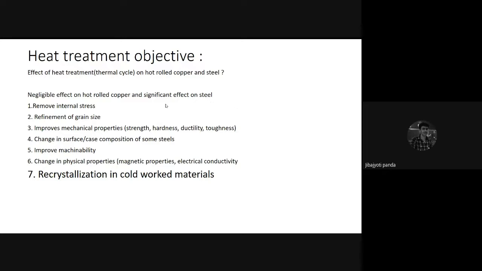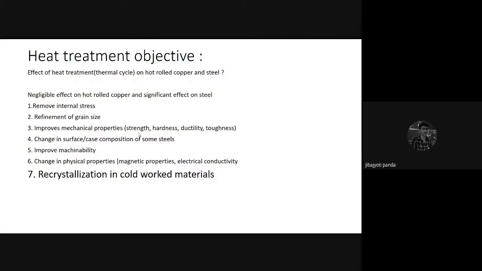It will still show a change in the physical and mechanical properties, but a small one.